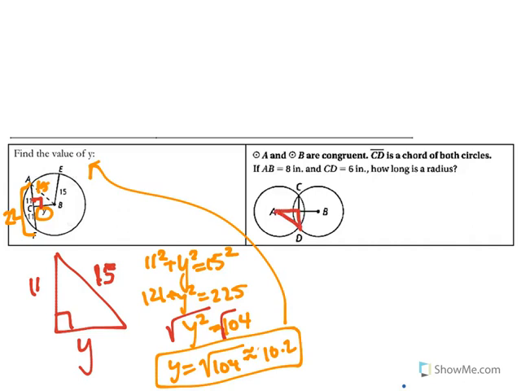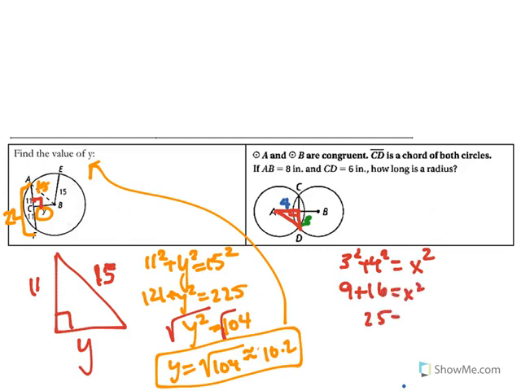We know that half of AB is what? Well, it's going to be 4. Half of 8 is 4. What about CD? What's half of CD, or 6? 3. Okay, I've got a nice little right triangle. Guess what we're going to do? You got it, Pythagorean theorem. 3 squared plus 4 squared equals, I don't care what variable you use there, squared. 9 plus 16 equals x squared.